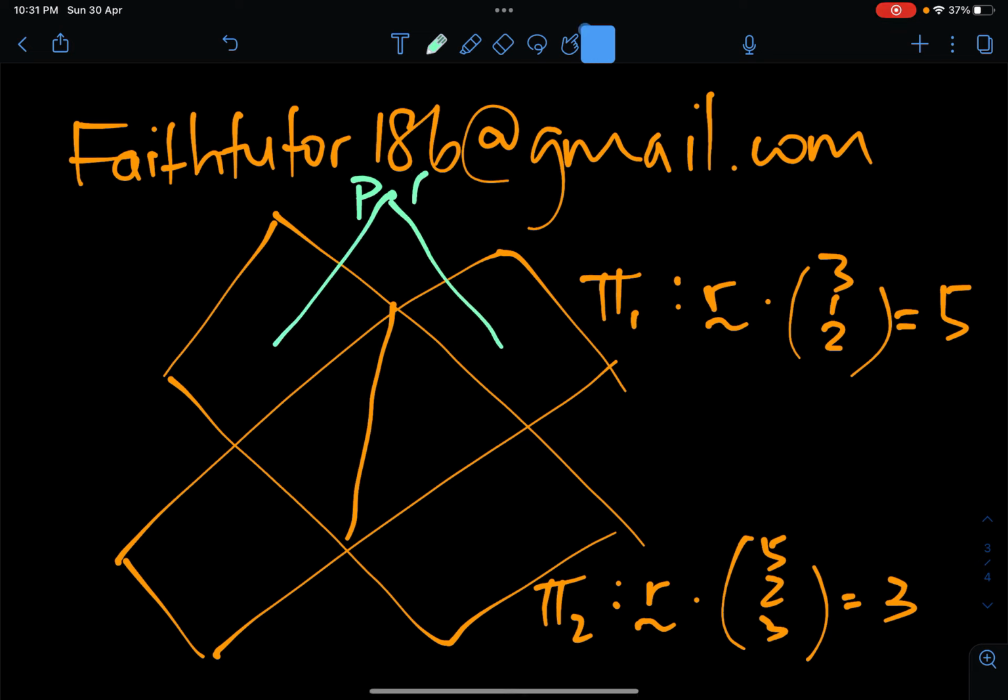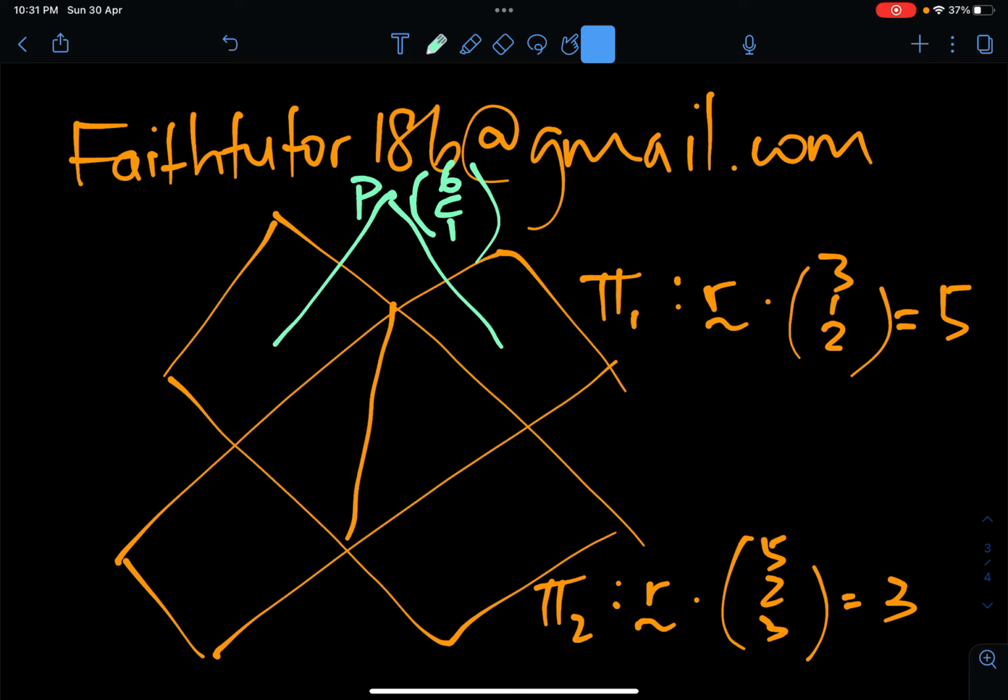Okay, let's say the point is (6, C, 1), for example. C is the algebra. So there's this point P that's equidistant from these planes.